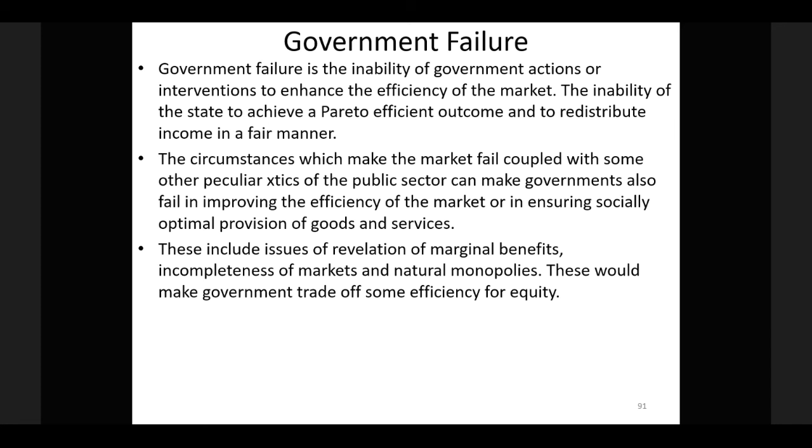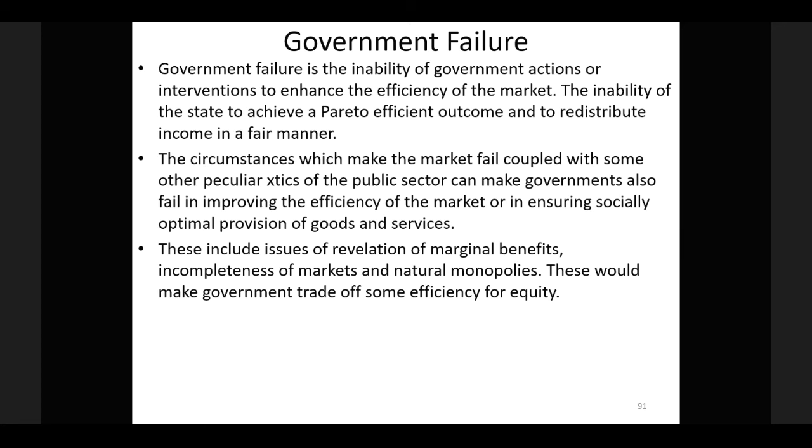Some people will also pay that and overconsume three times that. So again, this condition of incomplete market can make the market fail and can also make the government fail in optimal provision of public goods such as insurance.